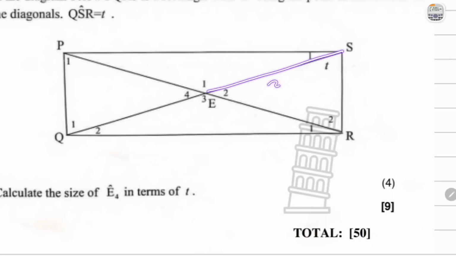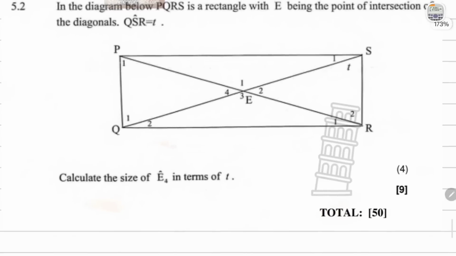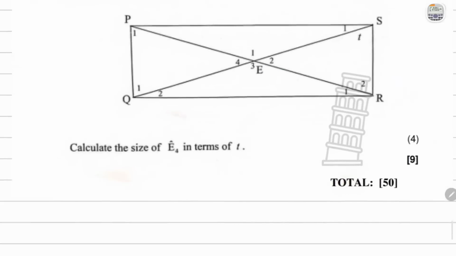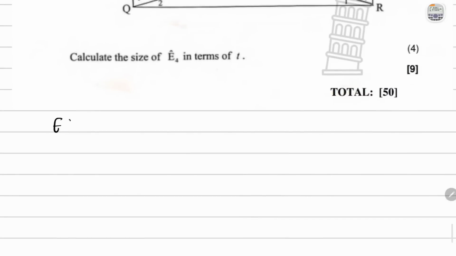So we know these two lines are equal. We'll tell them that, of course, and then tell them that these two angles would now be equal because of that, because we have angles opposite equal sides being equal. So let's just go ahead and start with that. We'll state the lines that are equal. ES is equal to ER first of all. So ES equals ER.